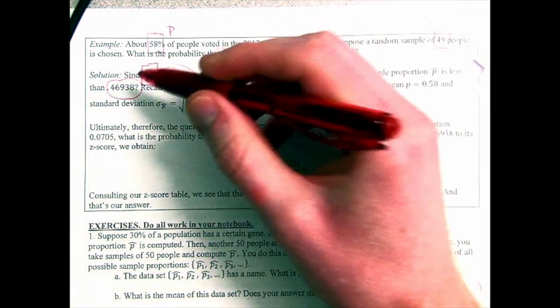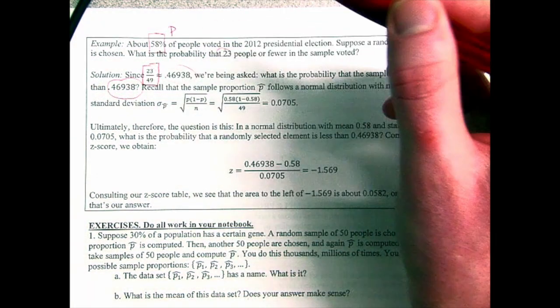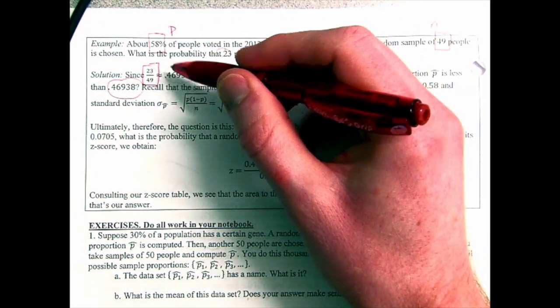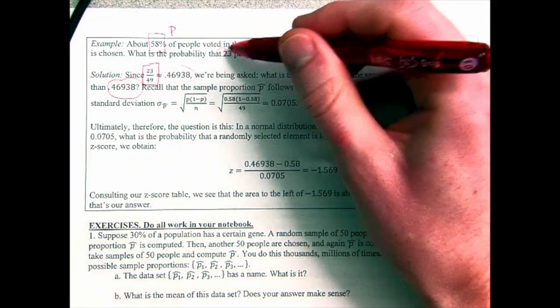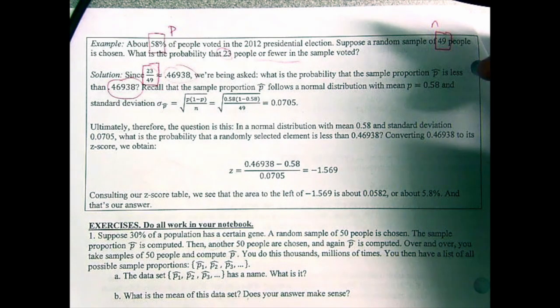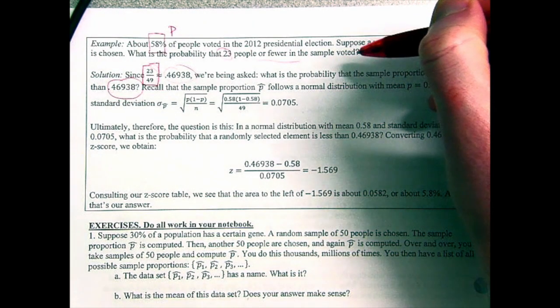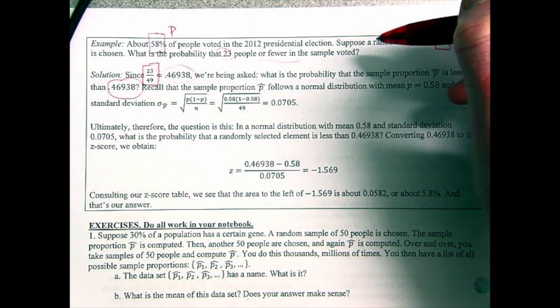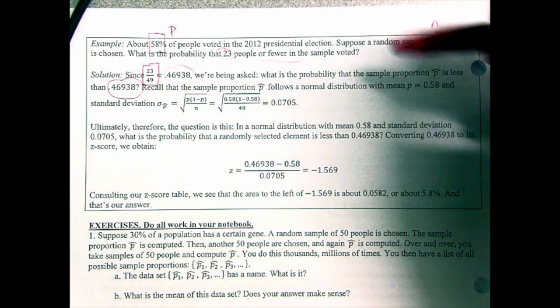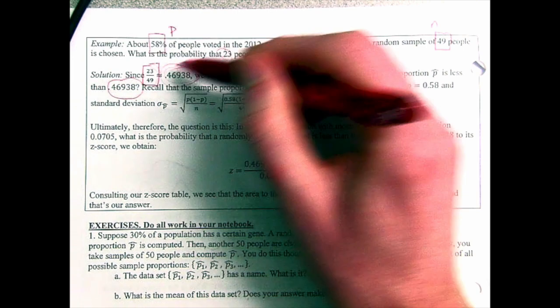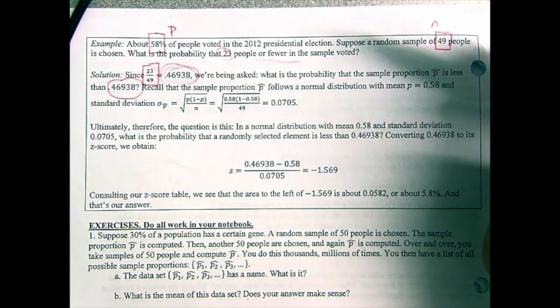Because if you get exactly 23 out of 49, that means your sample proportion would be 0.46938. They're asking, what's the probability that you get 23 or fewer people in the sample having voted? That means you'd be looking at the probability that p hat, your sample proportion, is less than or equal to this 0.46938 number, okay?